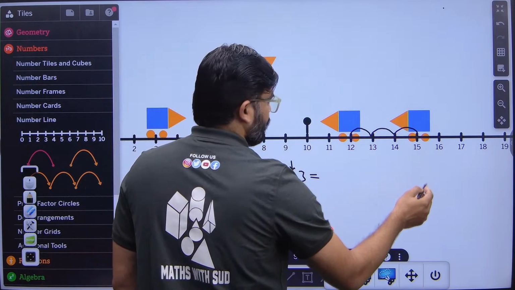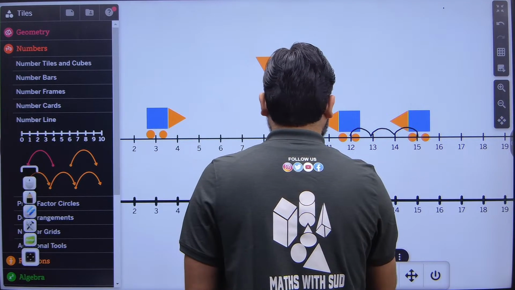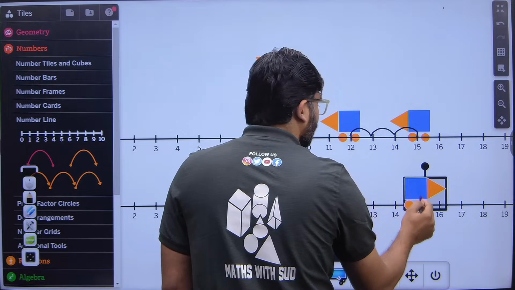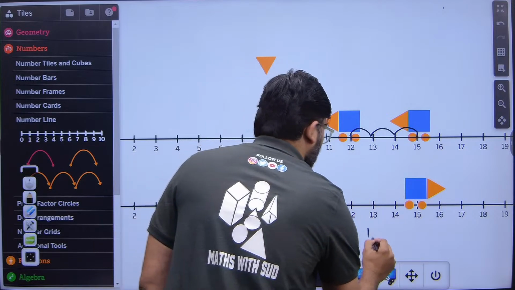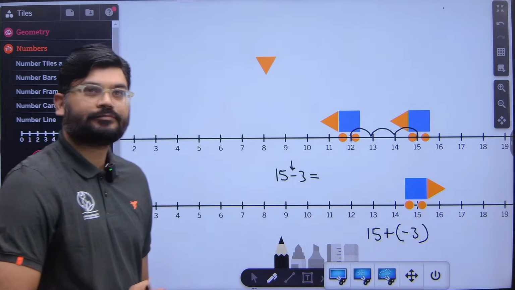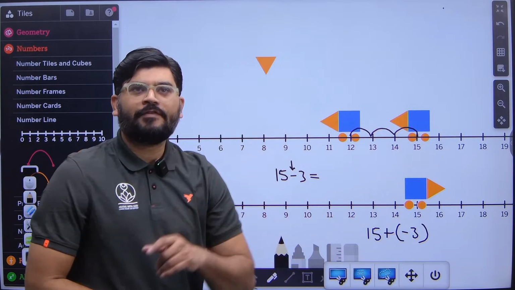Just below this I am writing it so that it is easier for you to understand. Now this is 15 plus minus 3. 15 plus means in which direction will you face?